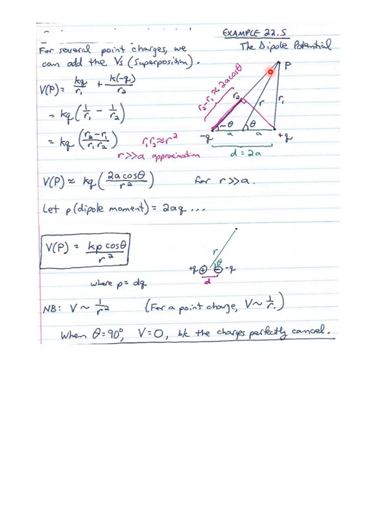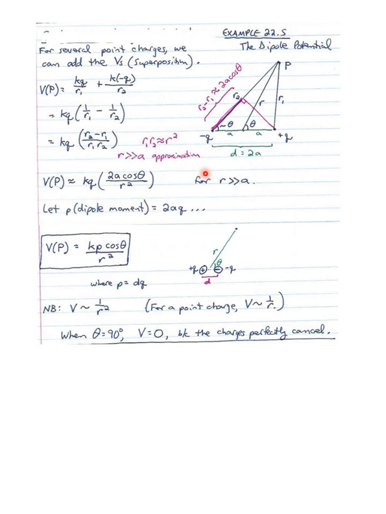And this leg here is R2. Now, if we simplify that, that's kq times 1 over R1 minus 1 over R2. And if we combine those fractions, that is R2 minus R1 over R1 R2.